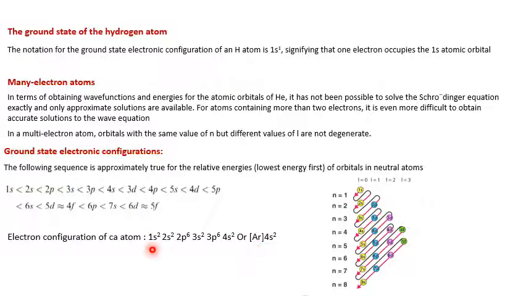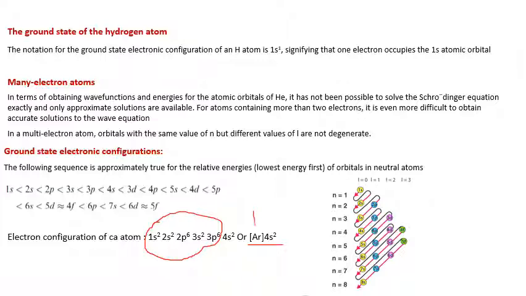Or you can write it in this way also. You can take 18 electrons, like 1s2, 2s2, 2p6, 3s2, 3p6. You can represent this by argon, because the argon electronic configuration is like this. This is the electronic configuration of argon. So you can put argon and then write 4s2.